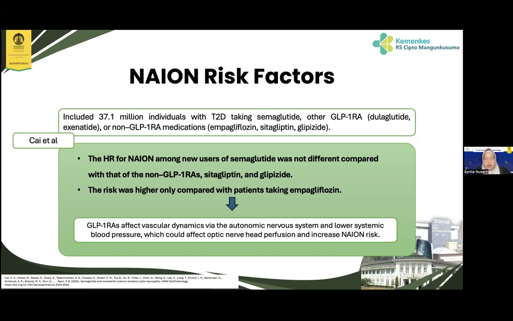I think James already mentioned this paper. But GLP-1 affects vascular dynamics via the autonomic nervous system and lowers systemic blood pressure. This is the one that we also suspect in the pathogenesis of NAION.